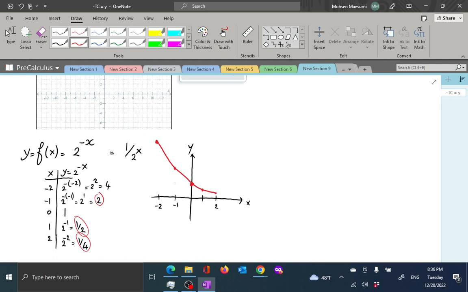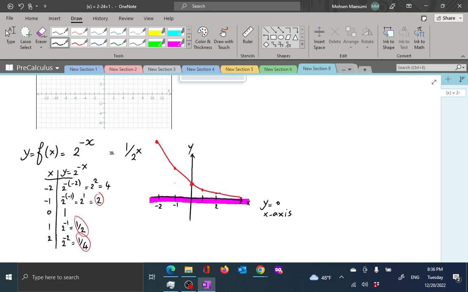And if we continue this, it's going to come closer and closer to the x-axis. So the asymptote, again, for all these exponential functions we had so far, is the line y equal to 0, which is just our famous x-axis.